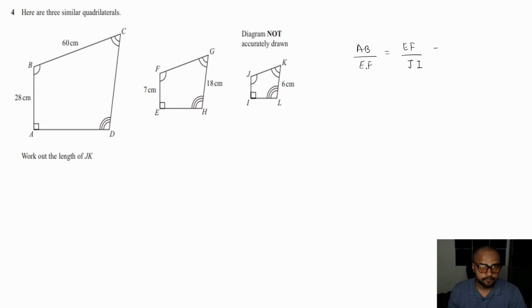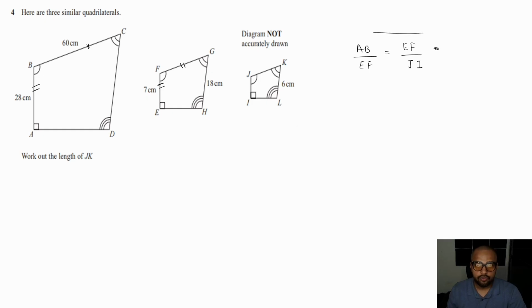Similarly, AB upon EF will be equal to BC upon FG.